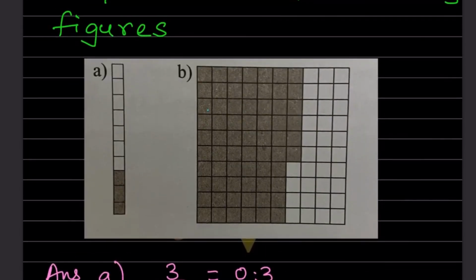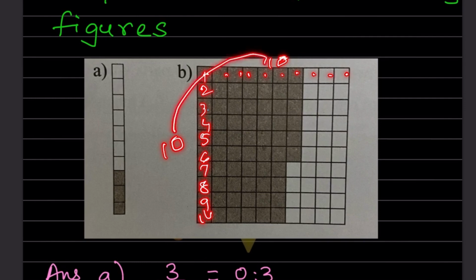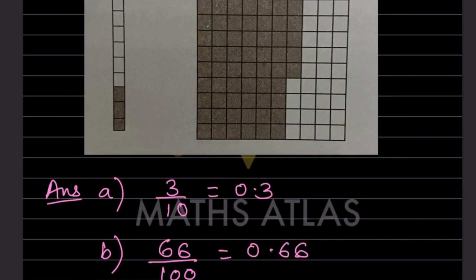Now see here, how many boxes are there? 1, 2, 3, 4, 5, 6, 7, 8, 9, 10. And this also is 10. So we don't have to count all the boxes. We will just do 10 multiplied by 10, that is 100. This total of 100 goes in the denominator.